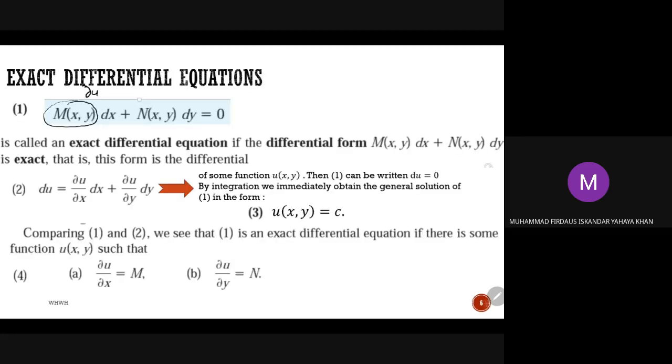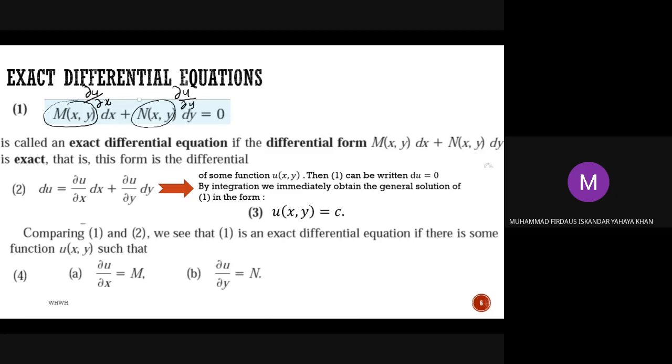Ni untuk explain about exact differential equation, dia gantikan as M(x,y). Del u del x ni sama dengan M(x,y) and N(x,y) ni pula adalah del u over del y. Maknanya equation ni adalah equation yang sama yang kita tengok tadi dalam our previous slide.